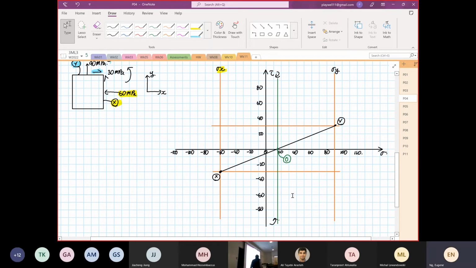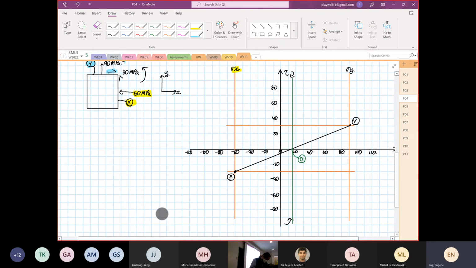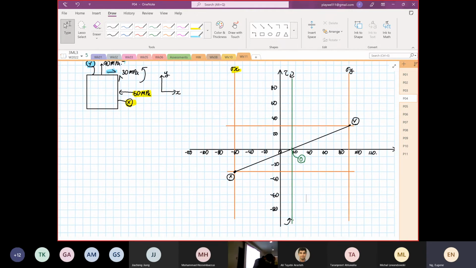So in your exam, you have to physically calculate that value. Okay, your circle can just be a sketch. I'm fine with that. So from here, we are going to determine the center of circle. Center of circle is equal to your stress average, right?